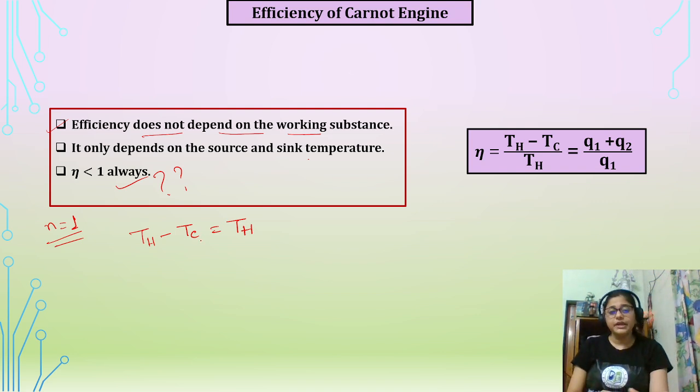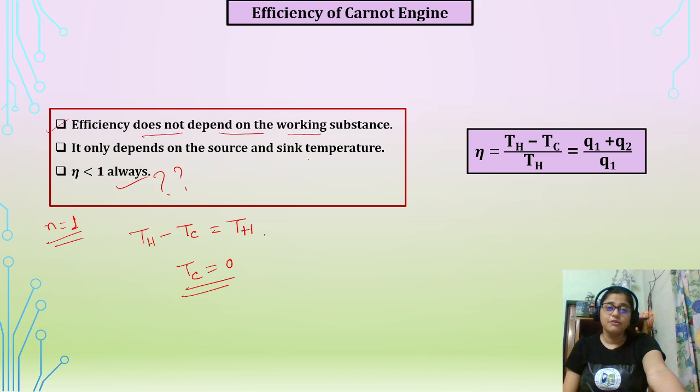When eta will be equal to 1, okay, now TC will be what? TH minus TH means 0. So the sink temperature will be 0, but it is not possible. Sink temperature will never be 0. So not possible. We can write not possible here.